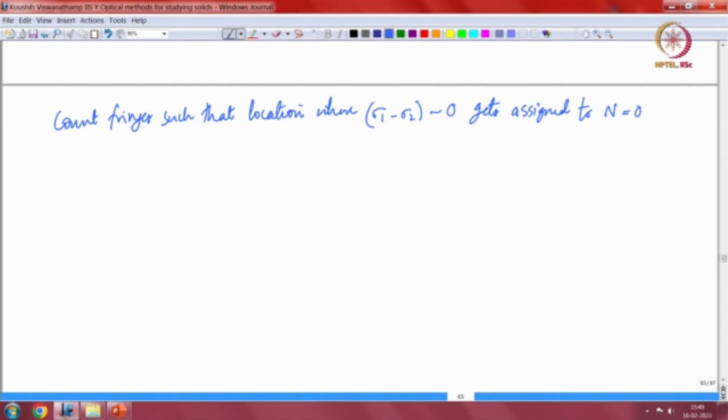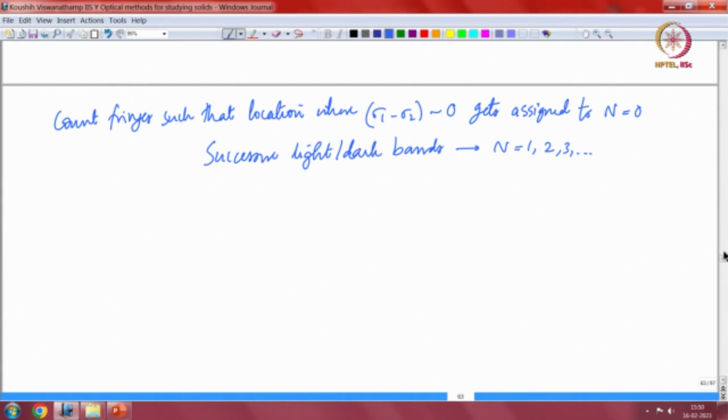I will show you an example for this diametrically loaded disk in a minute, but this basically gives you the first fringe, and then successive light or dark bands correspond to n equal to 1, 2, 3 and so on. Of course, if you have a light band, then you have integer n for a light field, for a bright field image. If you have a dark band, you have integer n for a dark field image. So, just make sure that distinction is clear.